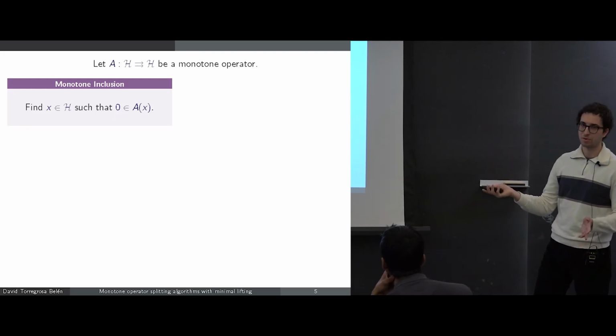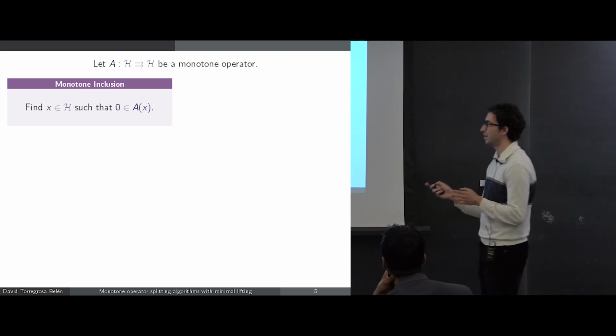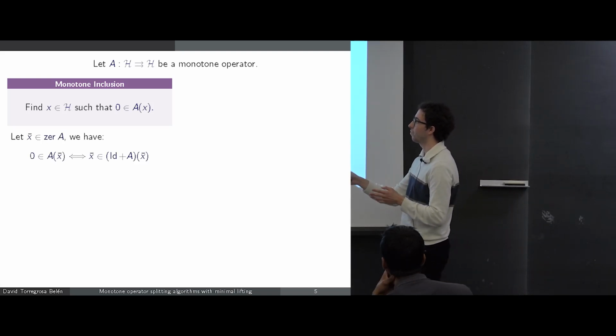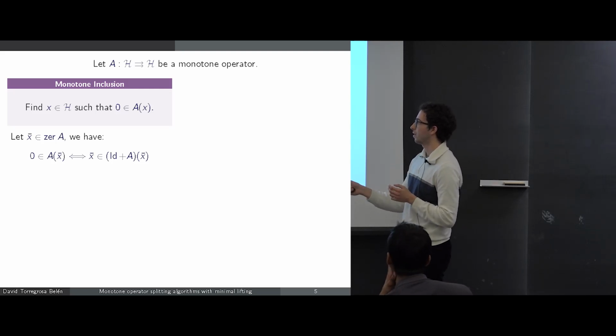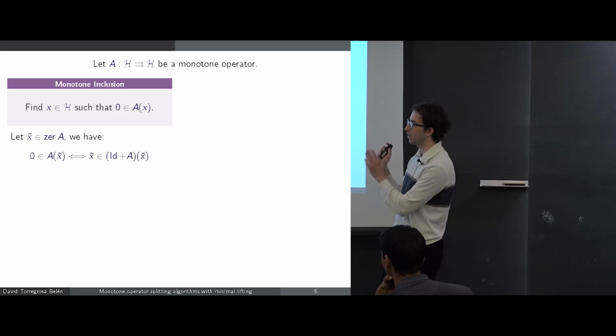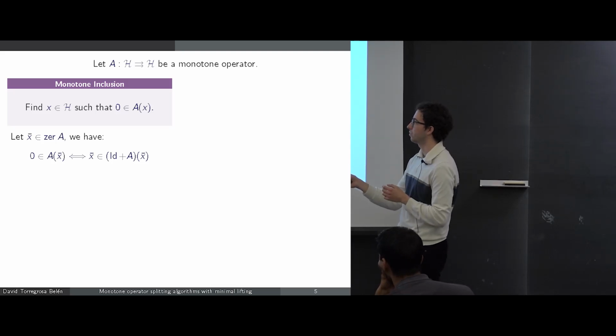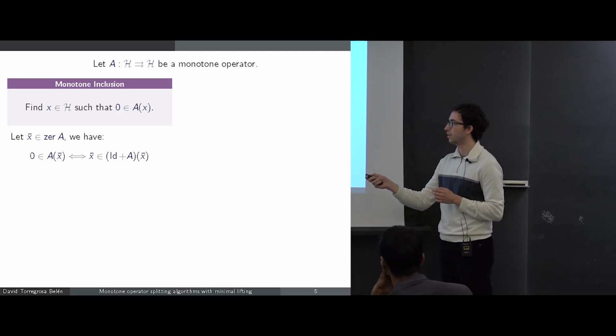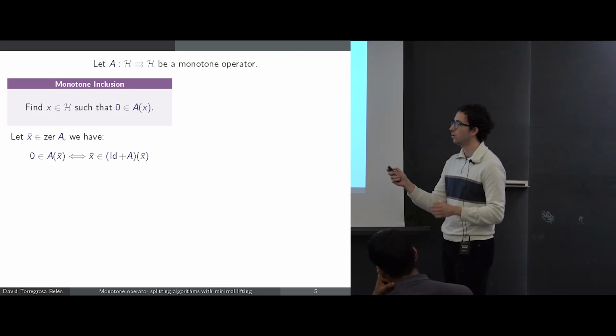As a first approximation to this problem, let me do the following. Assume that you have a zero of the problem, this point x bar. Then the definition tells you that zero belongs to the image of A at x bar. So I can add x bar on both sides of this expression, where this is the identity operator.